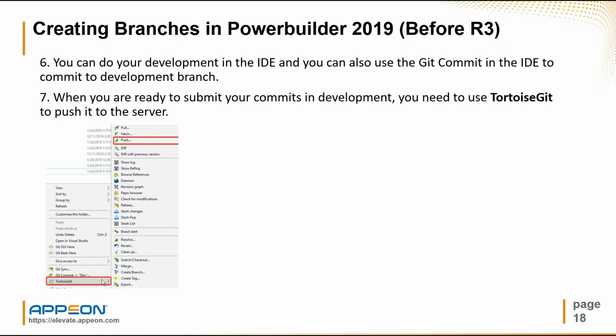So that's another thing you're going to have to remember: because you have to do all of this Git repo management outside of PowerBuilder when you're using branching, you need to do your commits and pushes outside of PowerBuilder. So you close the IDE, go back to Tortoise Git, do your commits, and then do a push. And you can see in the picture here that that's what you have to do.